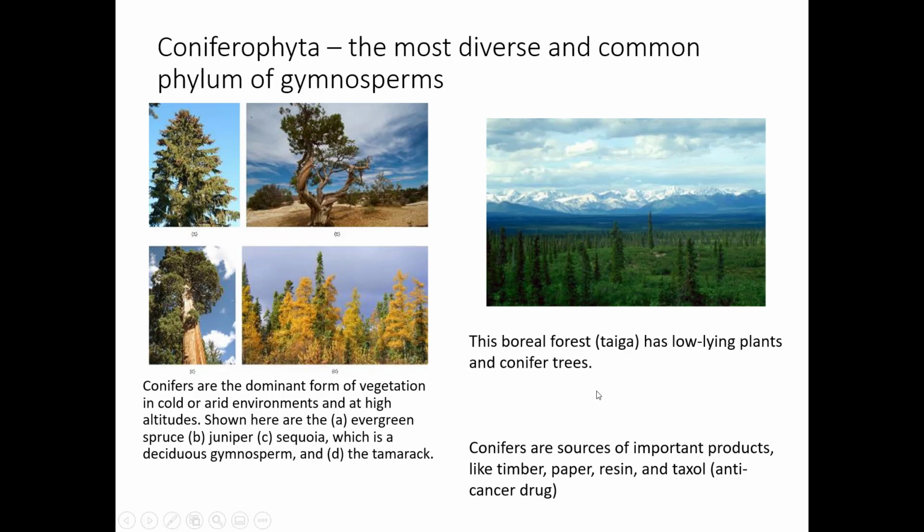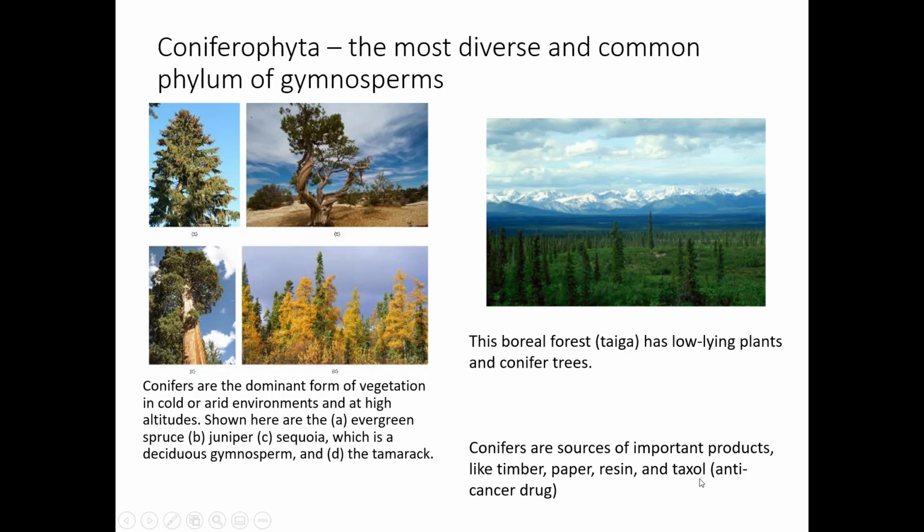In terms of economic products, we've been emphasizing that, so make sure you highlight this. I would say the biggest ones would be timber, so wood, paper, and resin. Resins are the liquids that they extract from plants that have a lot of uses in business applications, in construction and those types of things.